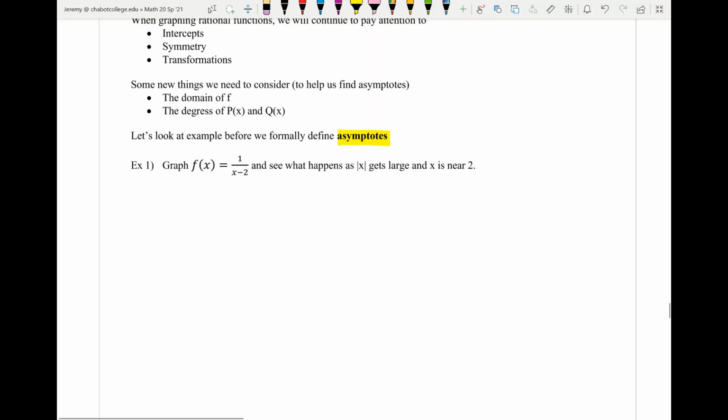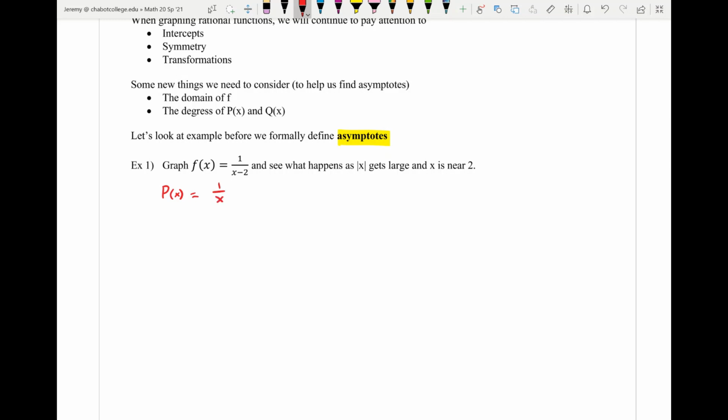For this function, there's a couple different ways we could do this. We could do a table of values, but another way we could do it is we could look at the parent function p of x, which is equal to 1 over x.